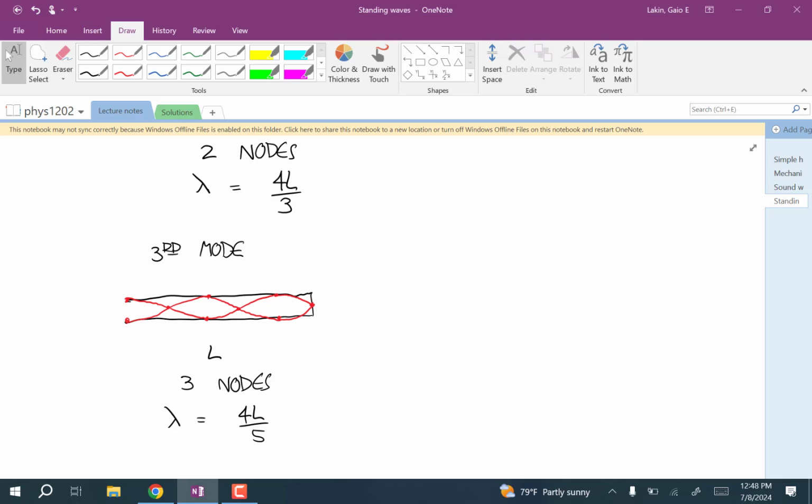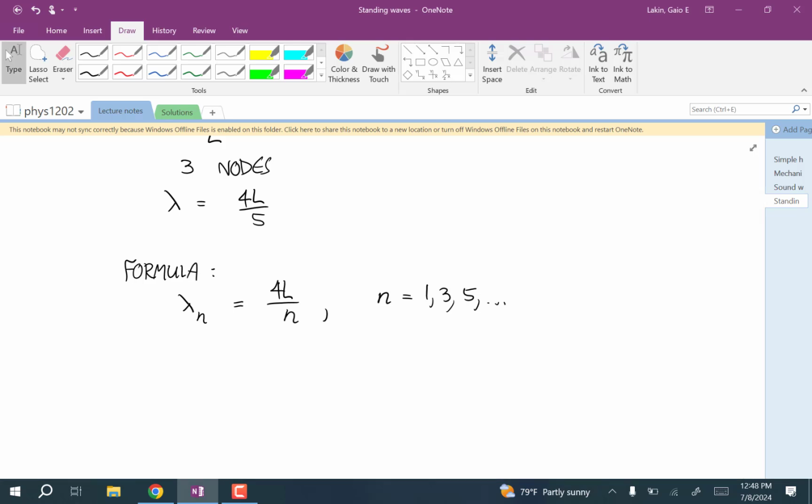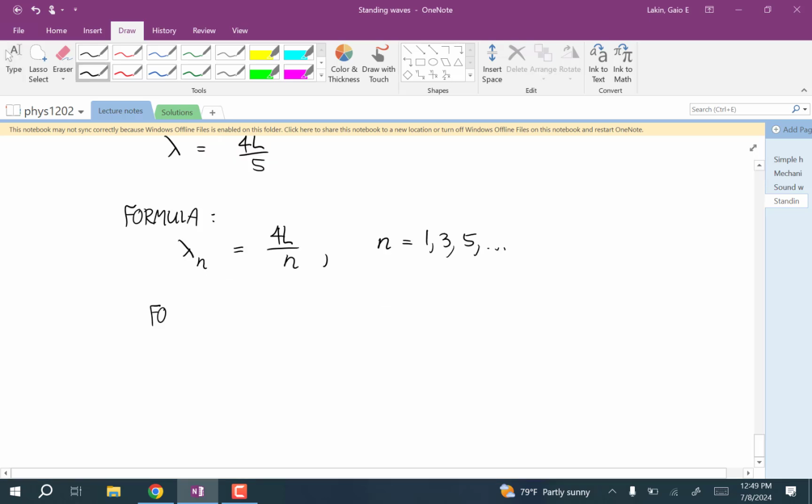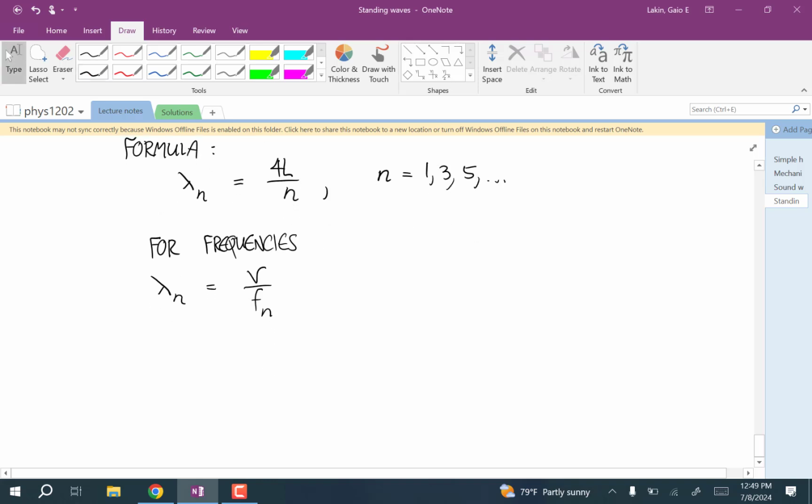And now, just like we did with the string, we can use these wavelengths to come up with the frequencies of the different modes, including the fundamental frequency, which is the first mode. For the frequencies, we know that the wavelength is equal to V over the corresponding frequency.